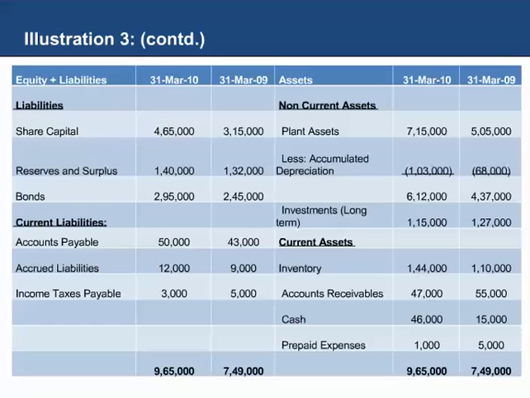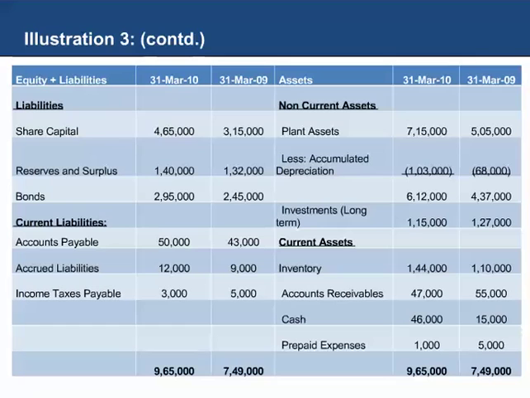Under equity and liabilities, share capital has a closing balance of 4,65,000 and opening of 3,15,000, reserves and surplus closing of 1,40,000 and opening of 1,32,000. Bonds are given as closing of 2,95,000 and opening of 2,45,000. Friends, here you should be able to quickly analyze that around 50,000 of bonds have been further raised.